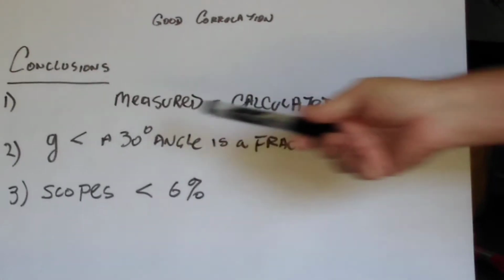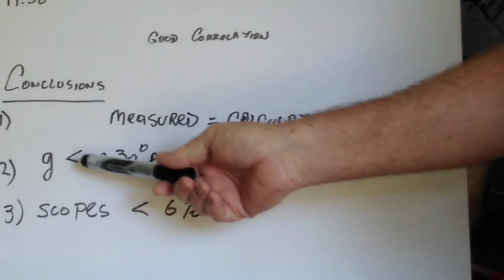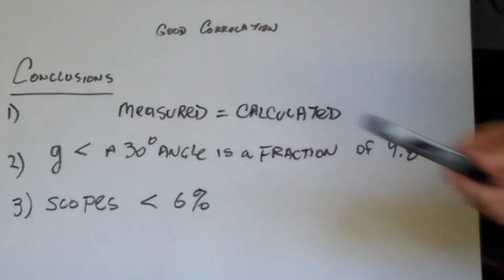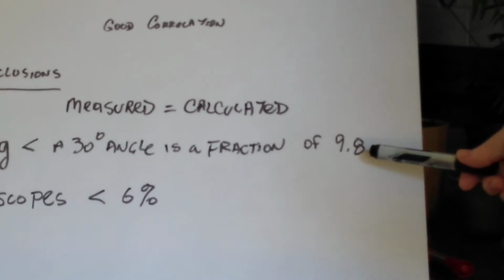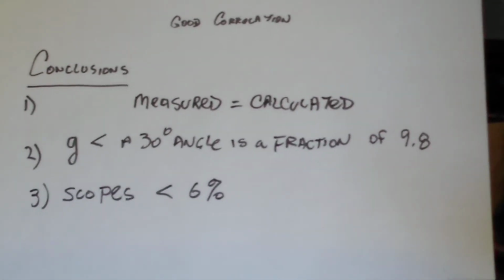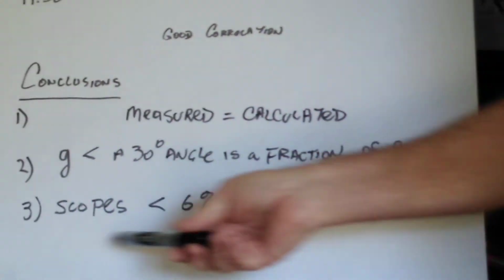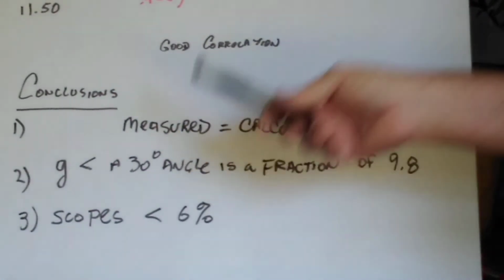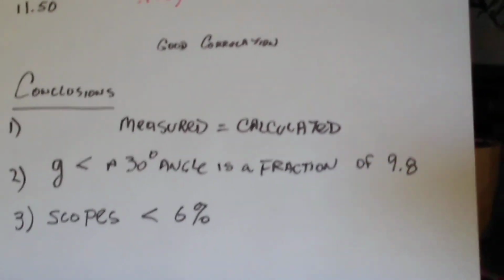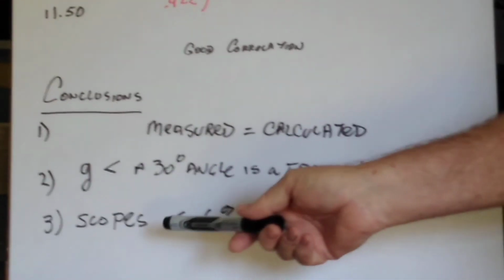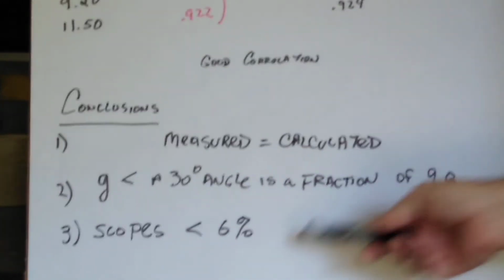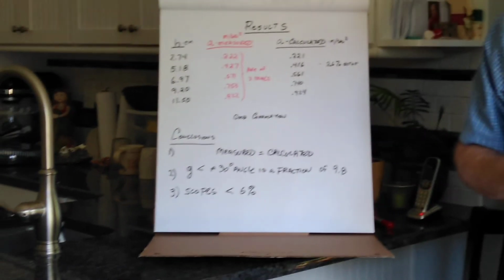We also determined that when the incline is less than a 30-degree angle, gravity is just a fraction of the 9.8 meters per second squared. This is a realistic expectation because all of our trials were at less than a 5-degree slope, and normal roads would be in that category. And that concludes Lab 4.